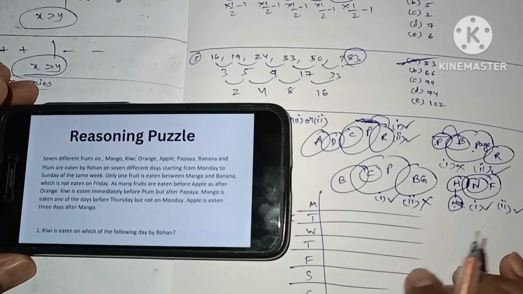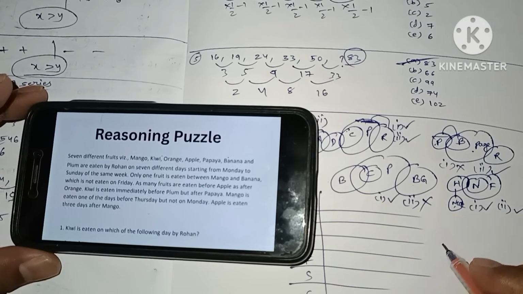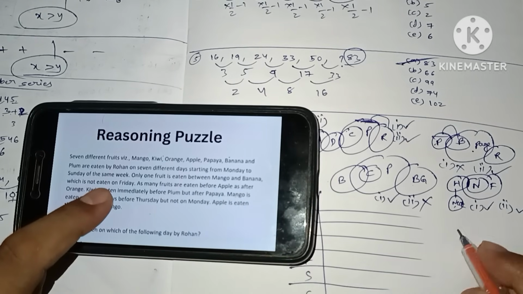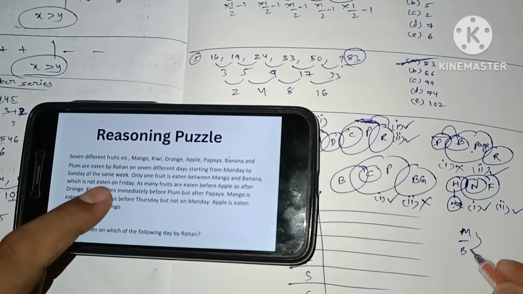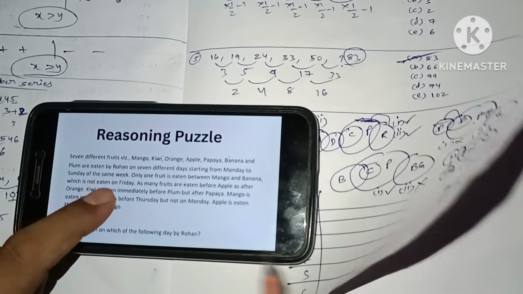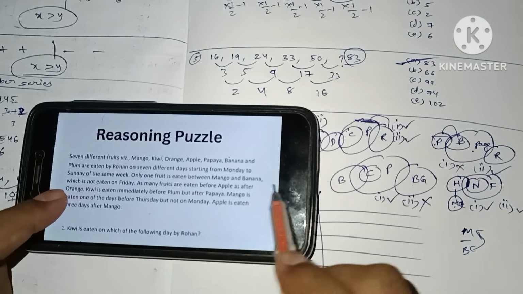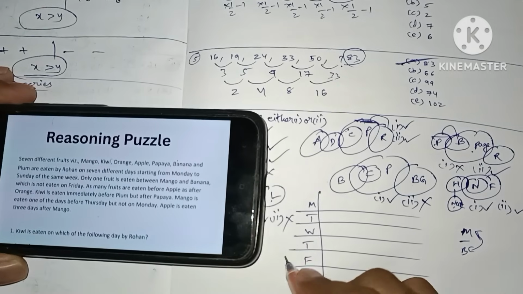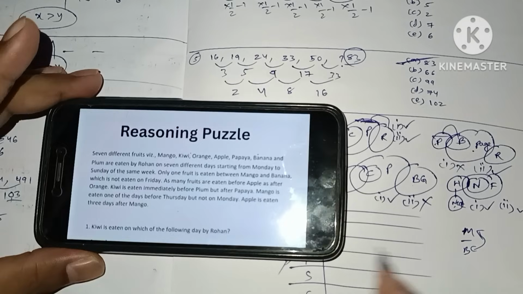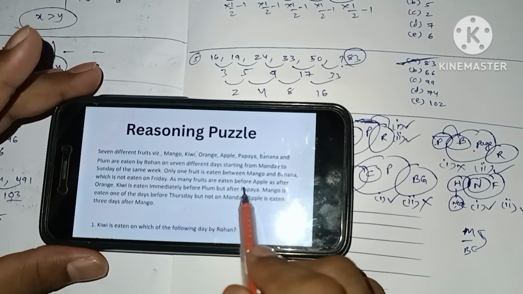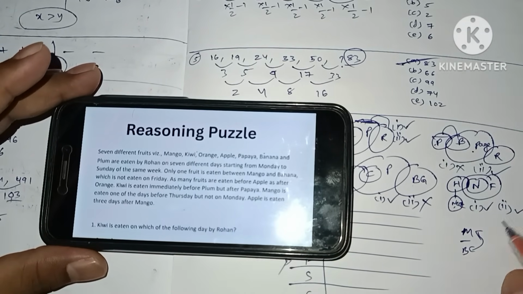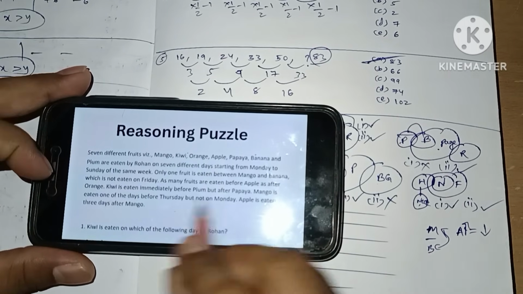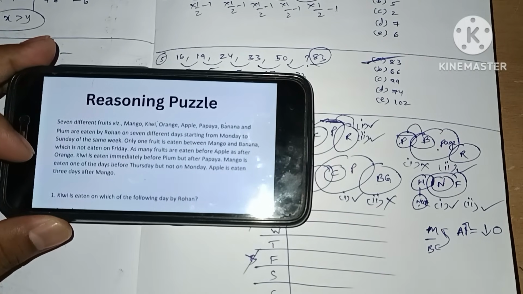Let's see the rough statements that are given. Only one fruit is eaten between mango and banana. Mango and banana, there is only one fruit. Next one: banana is not eaten on Friday. As many fruits as before apple is the same as after orange.